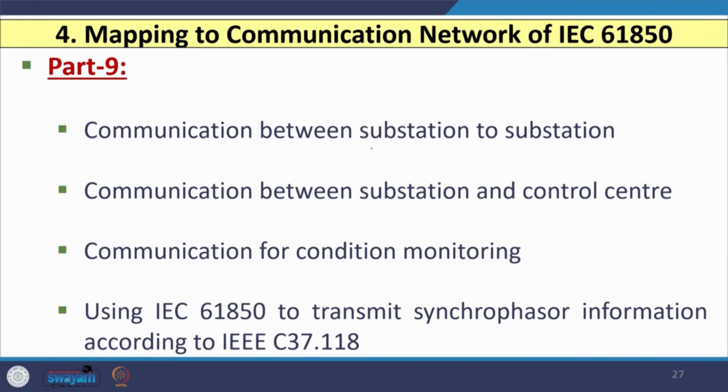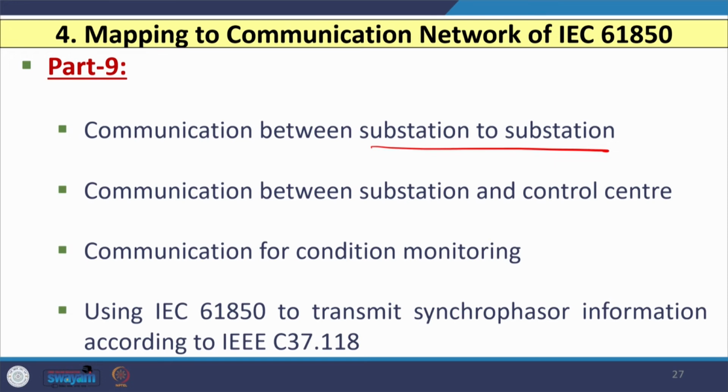Moreover, in part 9, under the mapping to communication network of IEC 61850, they have mentioned the procedure for communication between substation to substation, that is, how the communication between two substations is to be carried out.